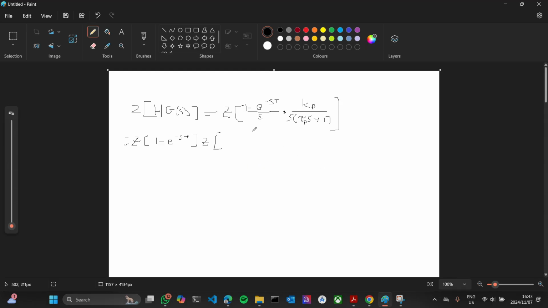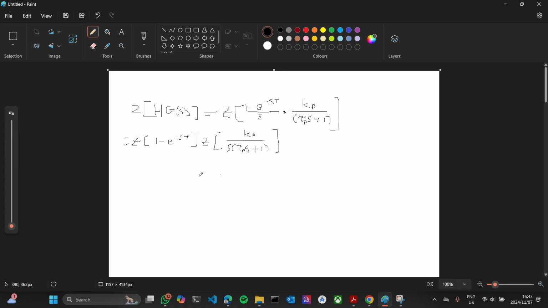Okay, I see what the problem is. This isn't supposed to be here. All right, so now all you're going to have here is Kp over s (tau p s plus 1).